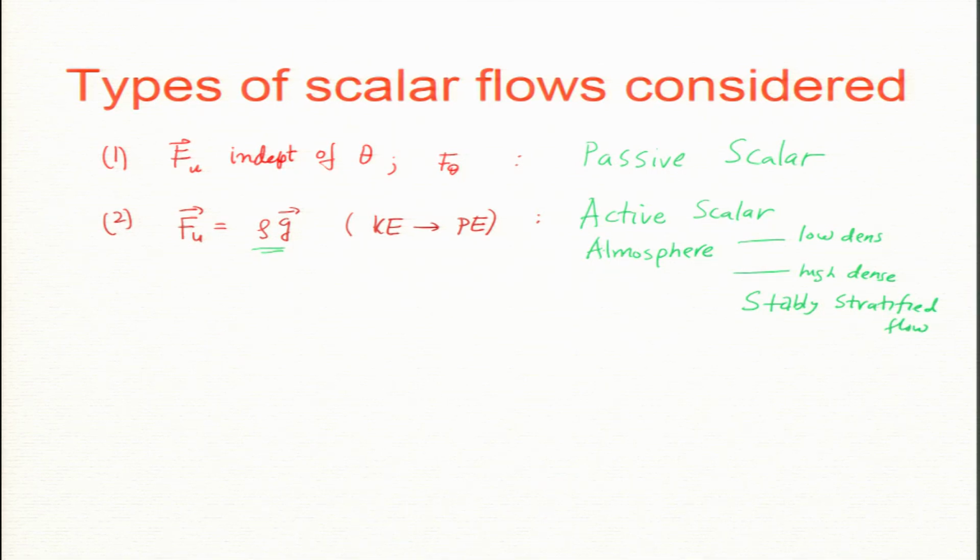This is one class of active scalar where the flow will have properties different from Kolmogorov theory. I am going to show you that Kolmogorov theory will not work for this problem, so we need to modify the spectrum.